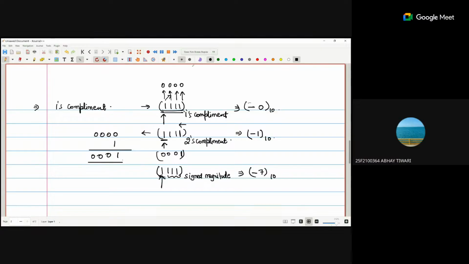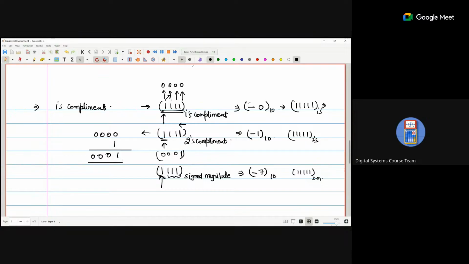Now in place of 4-bit, I use 5-bit 1 1 1 1 1. That is 1's complement, 1 1 1 1 1, 2's complement, and 1 1 1 1 1, that is a sign magnitude. What is the decimal equivalent of this one?